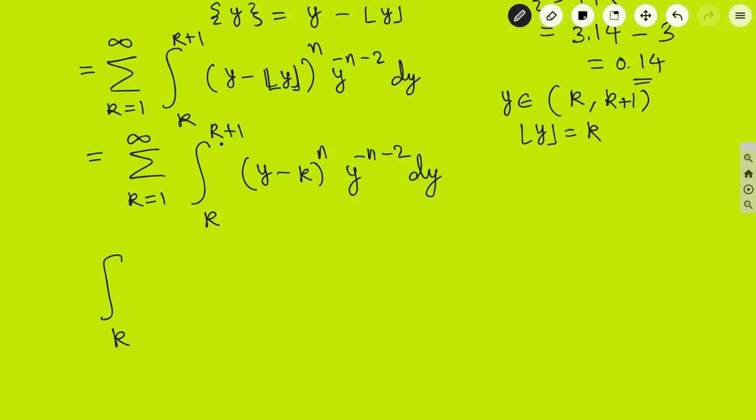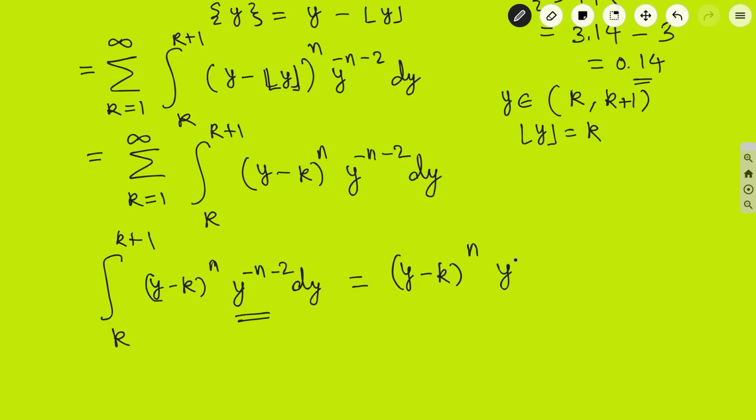So I'm just going to pick k plus 1, (y minus k) to the power n, y raised to minus n minus 2 dy. When you do an integration by parts, what you get is (y minus k) to the power n, and then you integrate this term here.